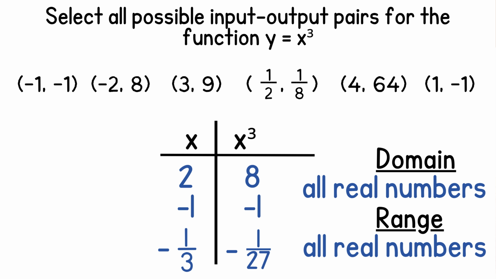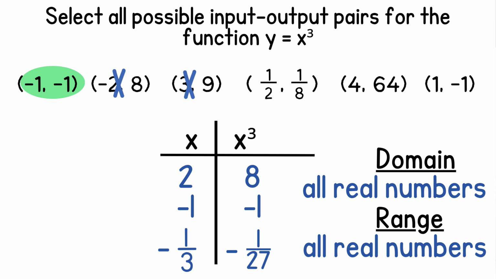So all of the coordinates above are in the domain and range, so we'll just have to make sure that they make sense when they're cubed. We know that (-1, -1) is a solution because we did that example in our table. Now let's look at (-2, 8). When we cube -2, we should get -8, not 8, so this one is not a solution. Now let's look at (3, 9).